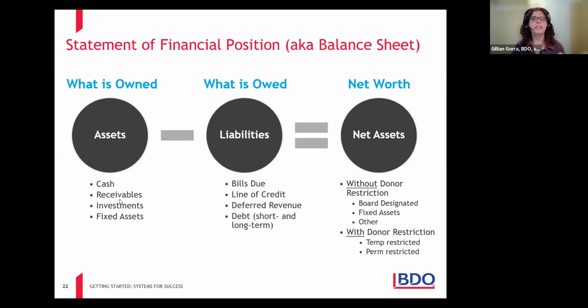What do we have in receivables? Meaning what's owed to us, but we haven't gotten the cash yet. We've done the work, someone's going to pay us, we just haven't gotten it yet. Receivables. Maybe we have investments at our organization that are growing or earning interest, right? So that's an asset. And then importantly, for LUNA, we have fixed assets.